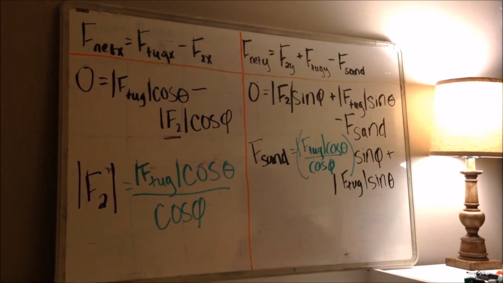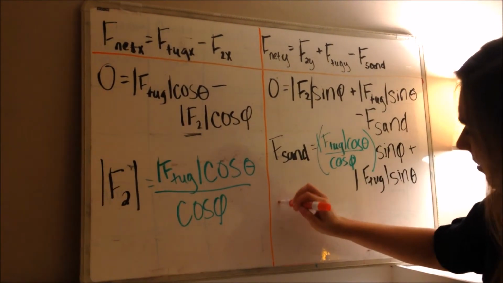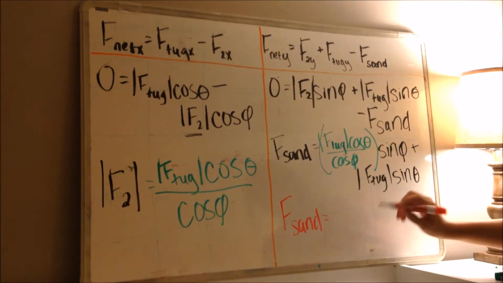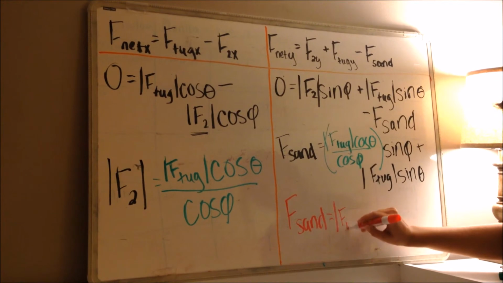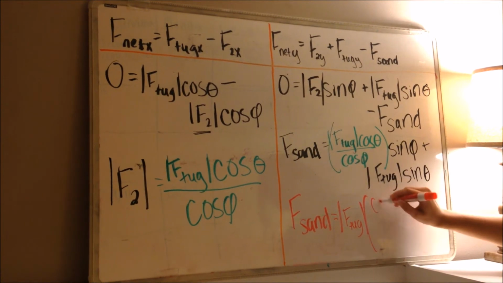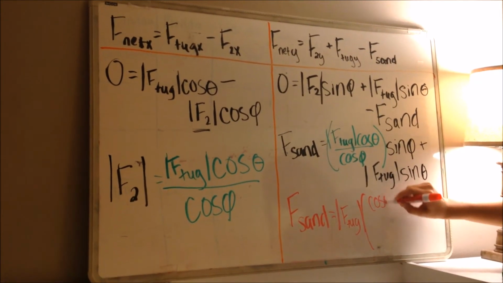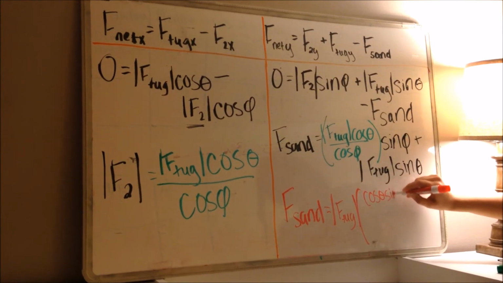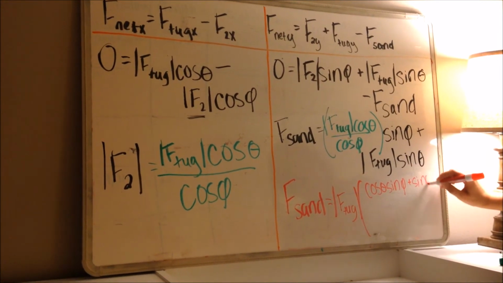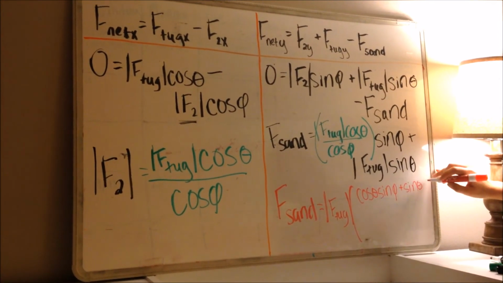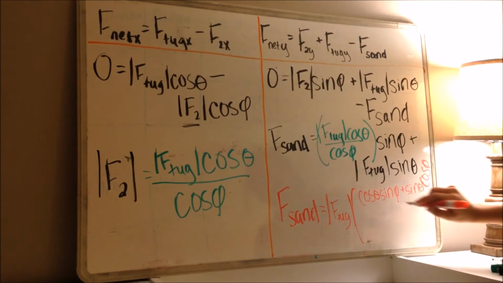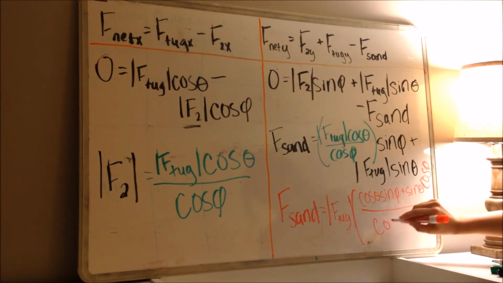So in the end, we will get that F sand equals the magnitude of F tug times the cosine of theta times the sine of phi plus sine of theta times, hate to do this to y'all, cosine of phi up there, all over the cosine of phi.